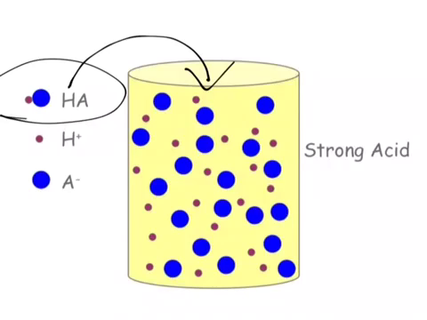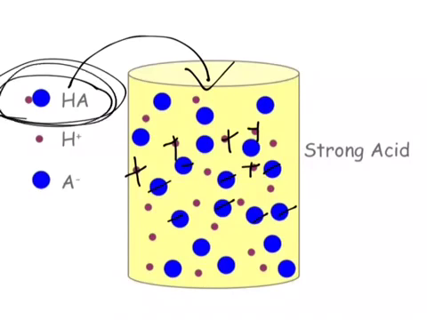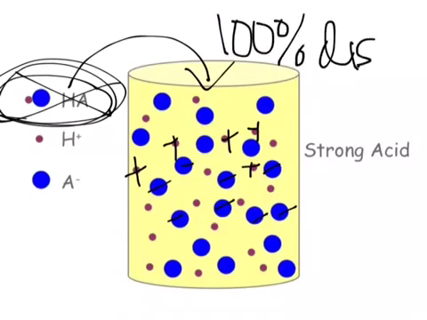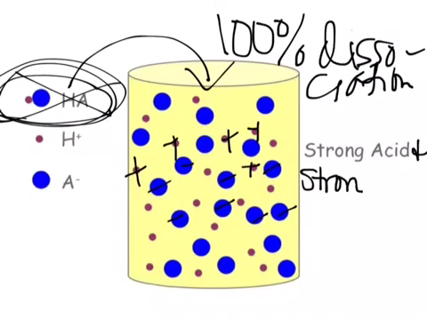When I place it into water, I end up getting all these positive hydrogens and these negative anions. No HAs are left. None of them are left. So this is called 100% dissociation. This happens in strong acids and strong bases.